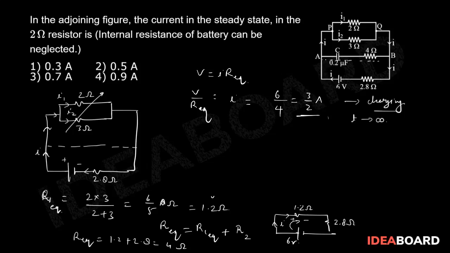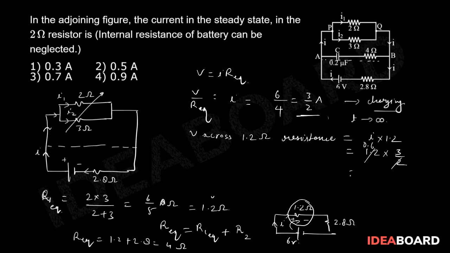So what is the potential drop in the 1.2 ohm resistance? We can calculate V across the 1.2 ohm resistance, which is equal to I into 1.2, so 1.2 into 3 by 2, which will be 1.8 volts.